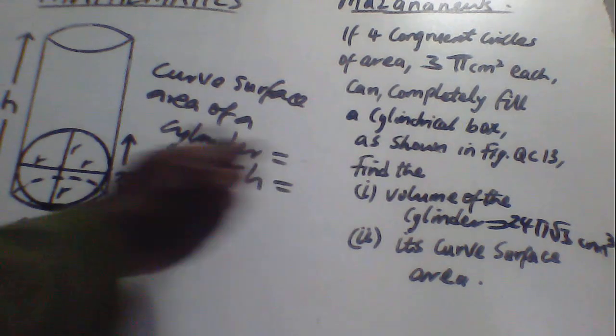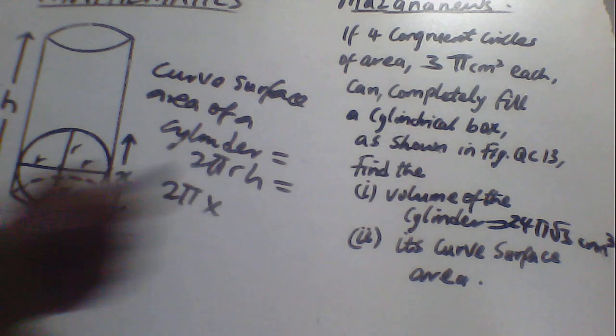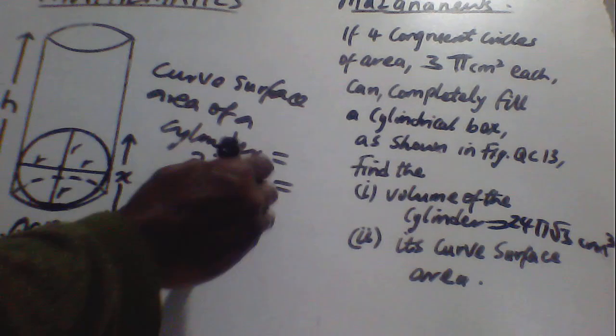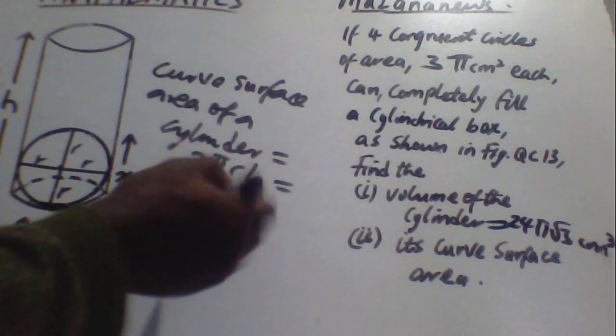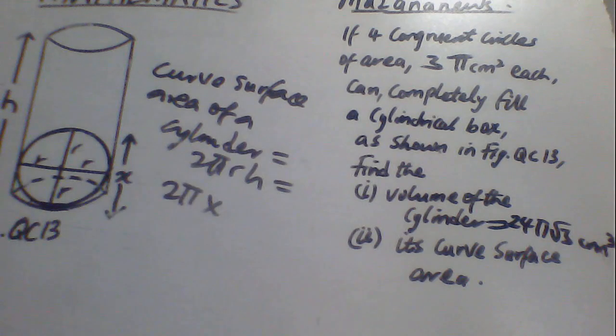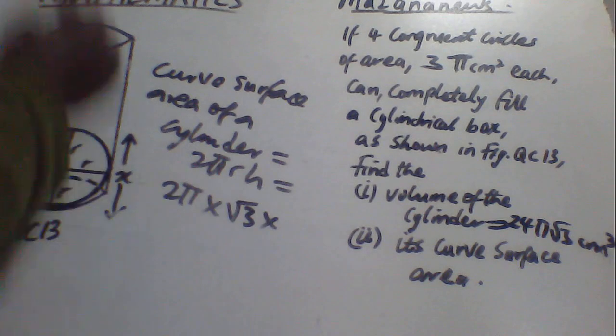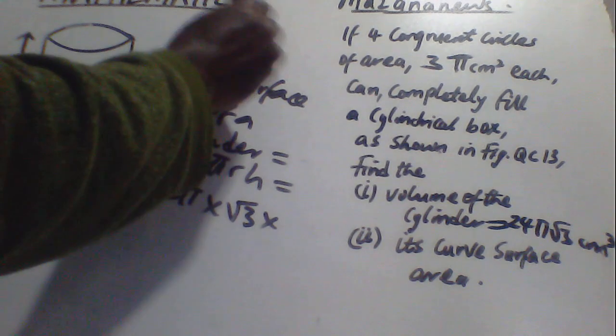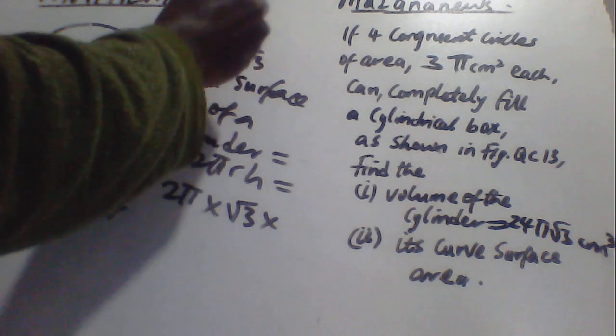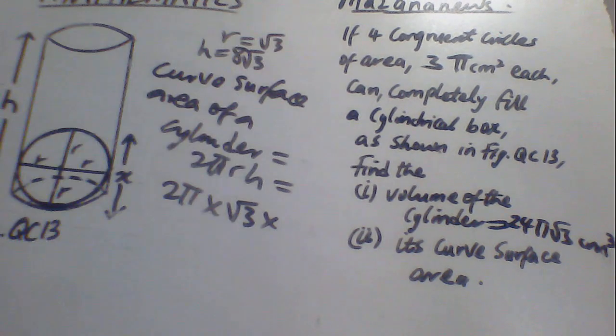So from here we have 2 times pi times r. We got r to be root 3, times height. What do we have as our height? We have height as 8 root 3 and r to be root 3.